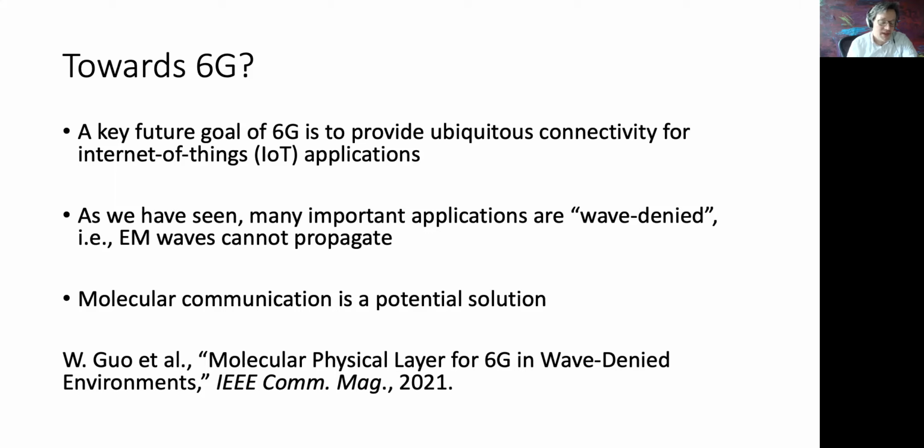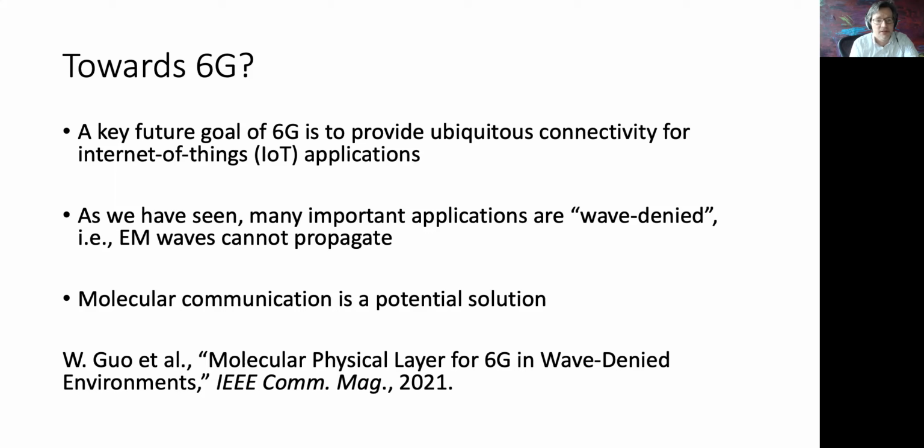And what we have seen in some of these technological and applicational examples is that many important applications are what people would call wave denied. Which is to say that EM waves are awkward, or they can't propagate, or they're difficult to deal with, or it's generally a very harsh environment for radio. So these are important applications.